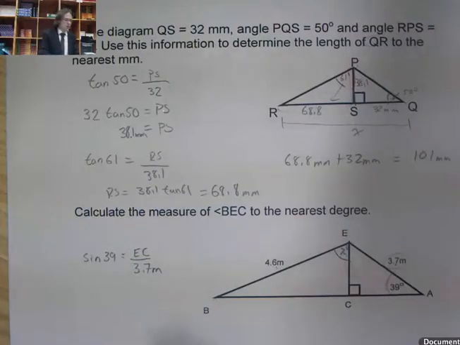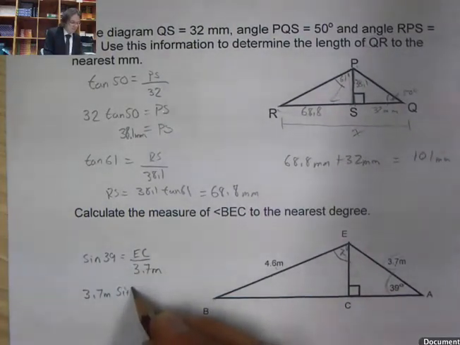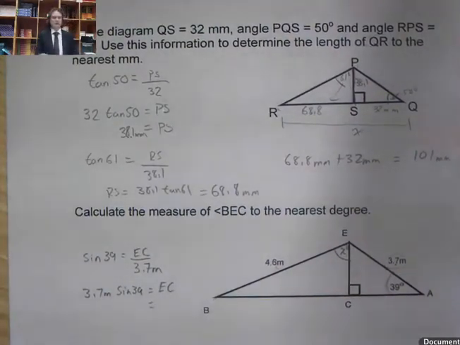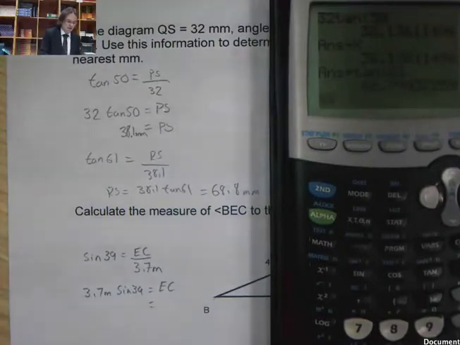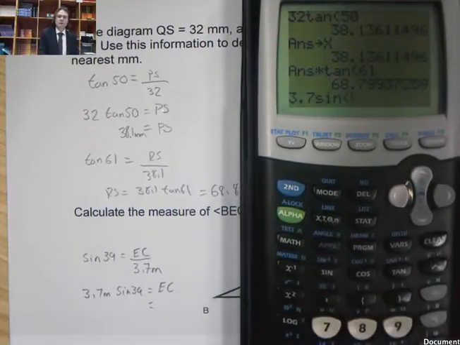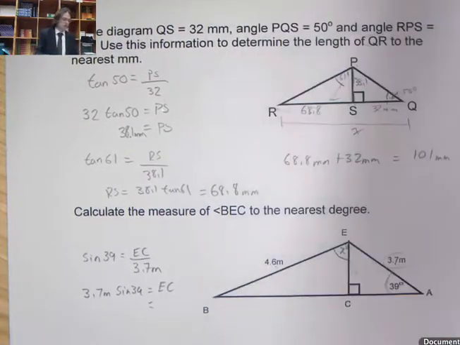So I'm going to rearrange this and plug that into my calculator. So I have 3.7 times sine 39, and I'm going to end up getting 2.3.